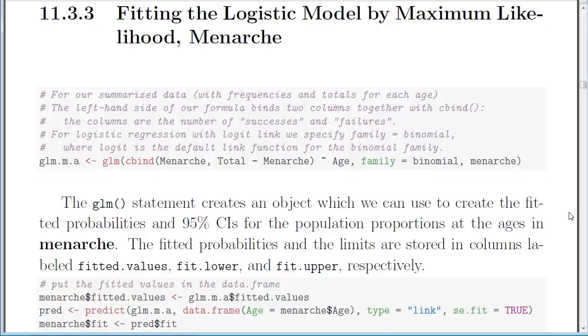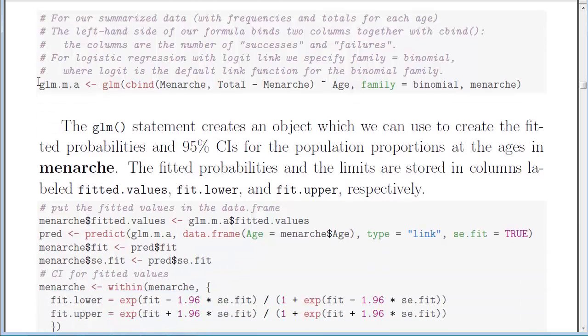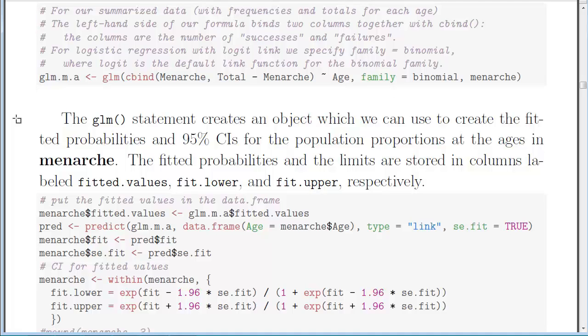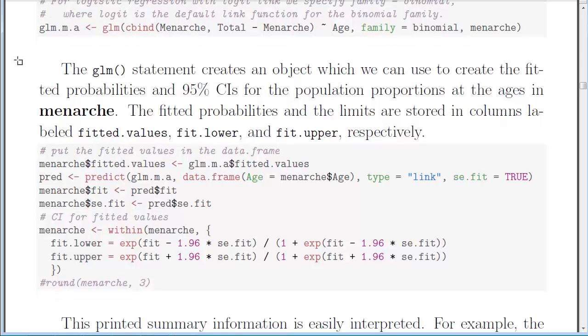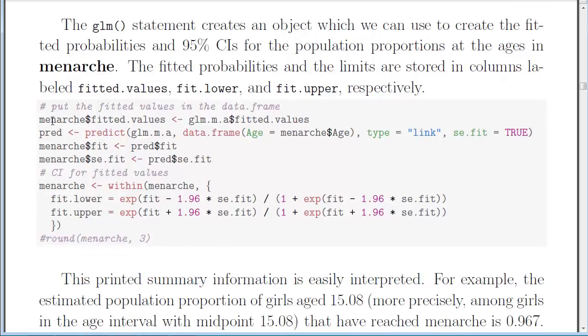All right, so I'm going to put that into glm.m.a, m for Menarche as the response variable, a for age, the predictor variable. And now we're going to look at some of the values that come from here, and we're going to generate some plots. So first thing is, in the data set itself, Menarche, I'm going to add a bunch of columns.